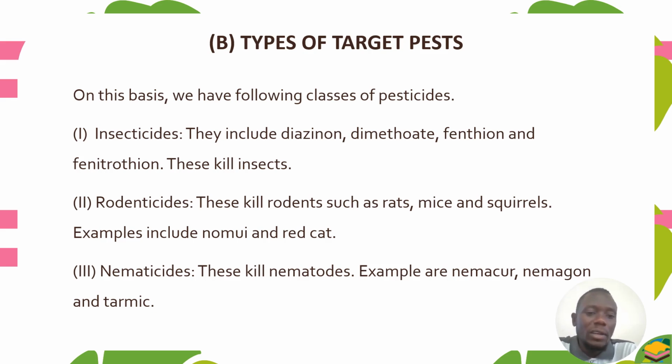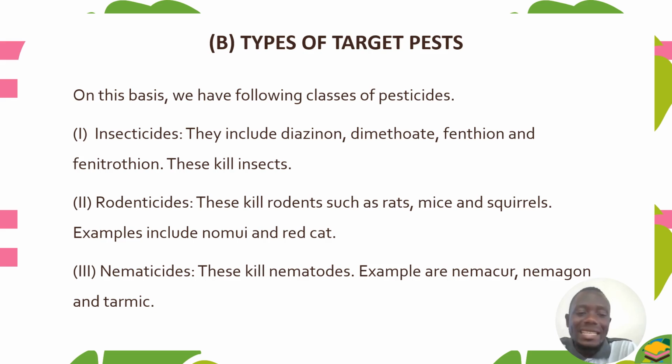When we talk of insecticides, they include these chemicals: the first one is diazinon, we've got dimethoate, we've got fenthion, then we've got fenitrothion. As the name can easily tell, insecticides kill insects. So those are some of the examples of insecticides.